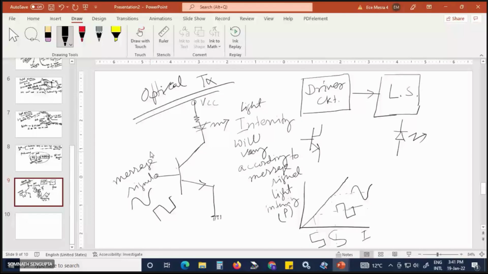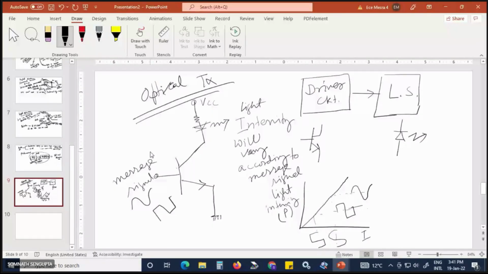This carrier lifetime actually determines the bandwidth of the modulation or message signal.